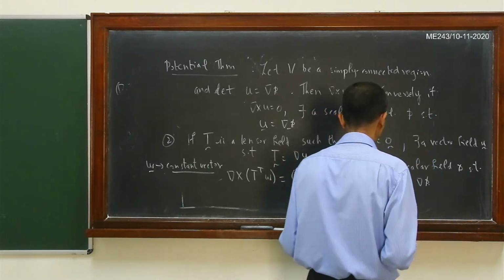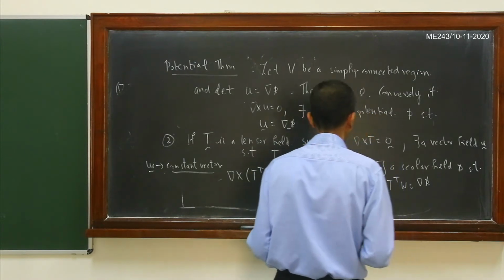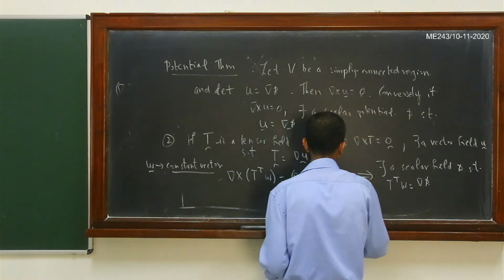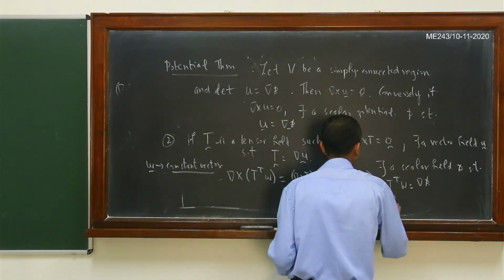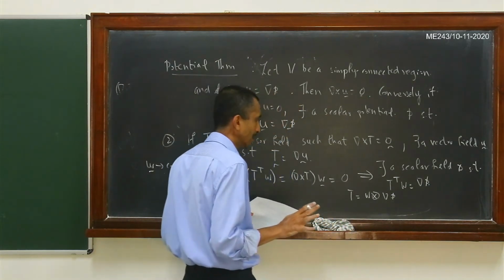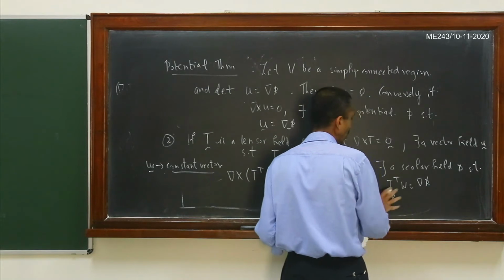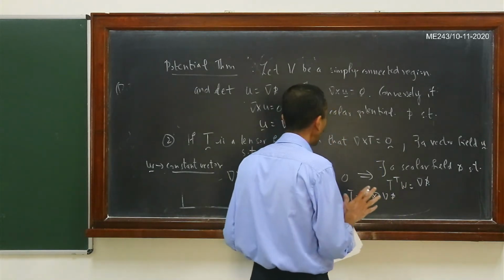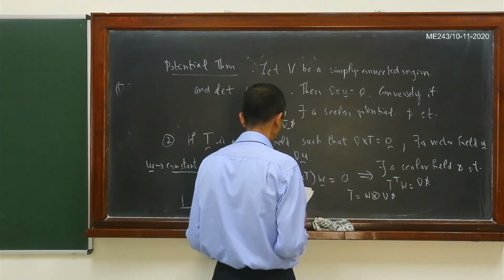And then from this we can write that T we can write as W dyadic del phi. Okay. So as I said, we are just interested in existence here. So if I construct it, maybe this may not be a unique way of doing this, but it serves our purpose. So what we are trying to say is that there exists such a function.